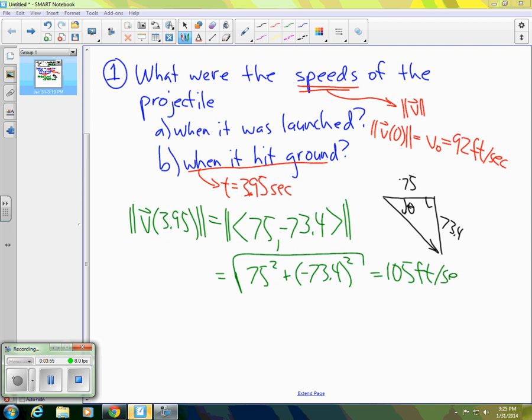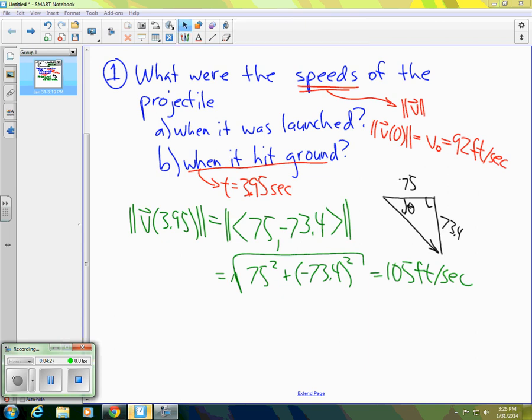So you can see that the projectile is going faster when it hits the ground than it was when it was launched, which may seem a little counterintuitive, but it's got a little assistance from gravity due to the fact that it's landing at a lower elevation than where it started. It turns out for this kind of problem that if the starting elevation and landing elevation are the same, then the speed will be the same when it starts as it is when it lands.